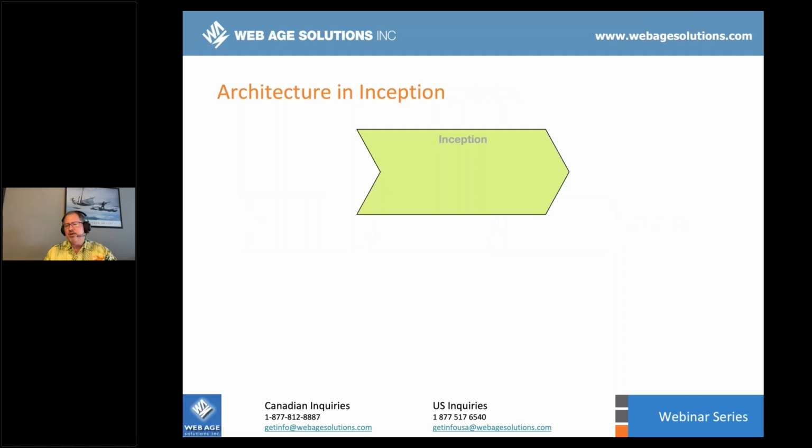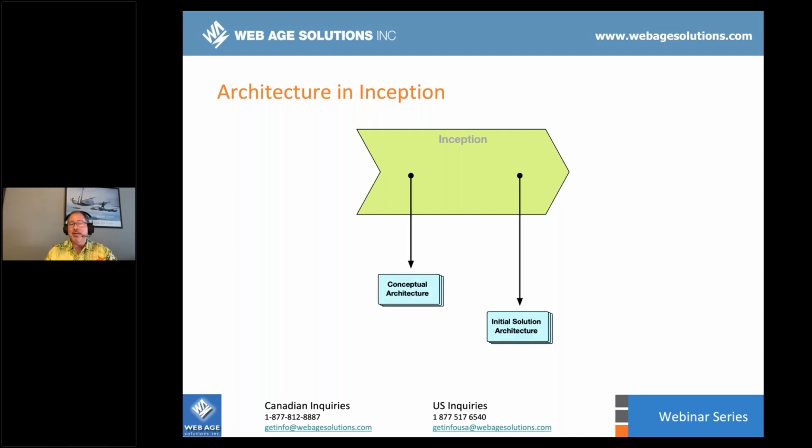So without trying to go into detail about what goes on in inception, because that's not really the point, what I'm going to argue is that for agile architecture, we want to produce a couple of things as part of the inception process. We want to develop a conceptual architecture and an initial solution architecture.